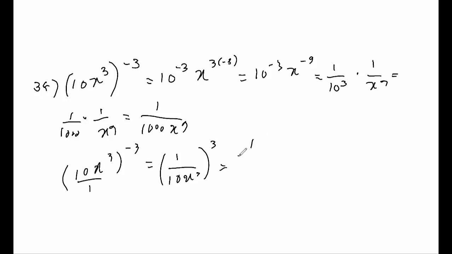So 1 to the third is just 1, 10 to the third, x to the 3 times 3. So here again, I'll get 1,000 x to the ninth.